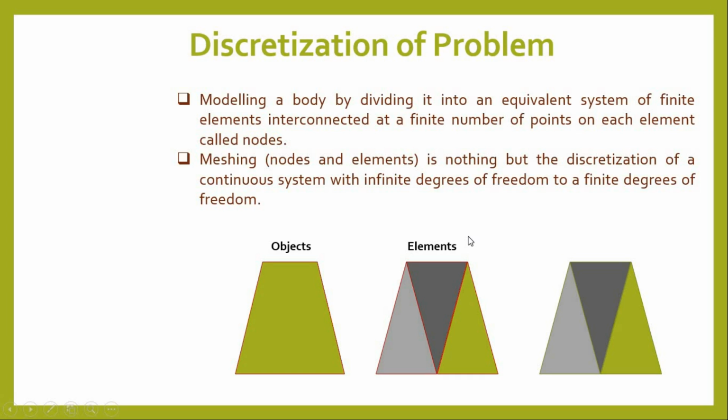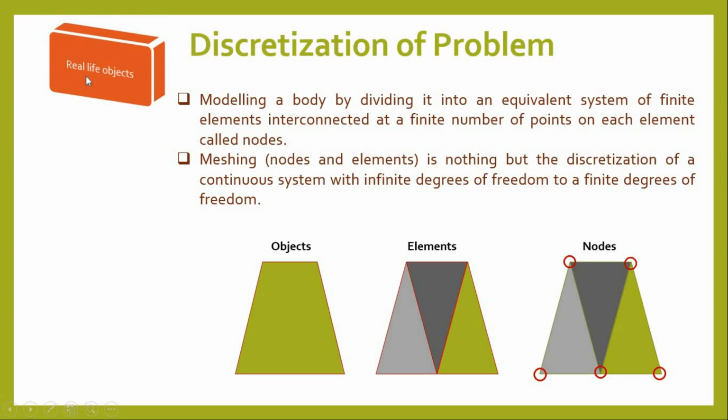Then from these elements, the outer boundaries, or the outer portion, are nothing but your nodes. For these three elements you can count 1, 2, 3, 4, 5 nodes. By forming these three element nodes you get one elemental shape, which is called an element. So when we have any object in real life and we split it from infinite to finite, that process is called discretization.